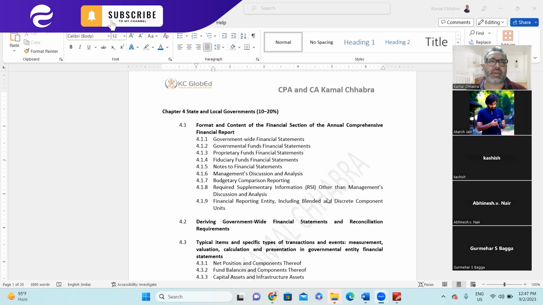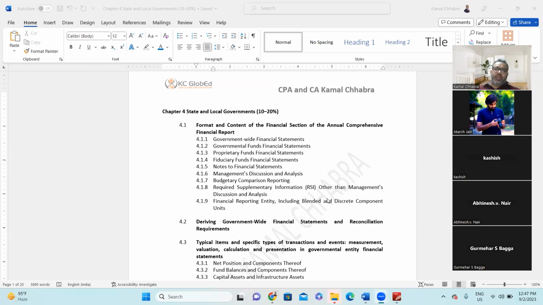So here there are certain different rules, regulations, or you can say accounting principles on which the entire governmental accounting is built, which is based on GAAP, but there are certain additional things over and above GAAP that you need to consider for GASB purposes, that is, governmental accounting purposes. We'll discuss these one by one in detail, but mentally we should be prepared that this is different from what we studied in school, college, master's or professional education.